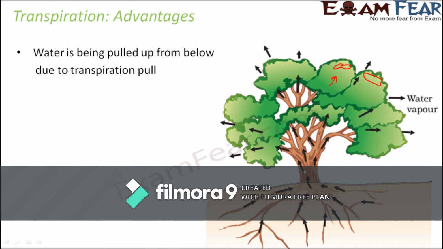Similarly, the same pull exists, and finally that pull allows the roots to take up water from the soil. This entire pull effect is called transpiration pull, and because of it, roots are able to absorb water from the soil, because it needs a lot of force to do something against gravity.